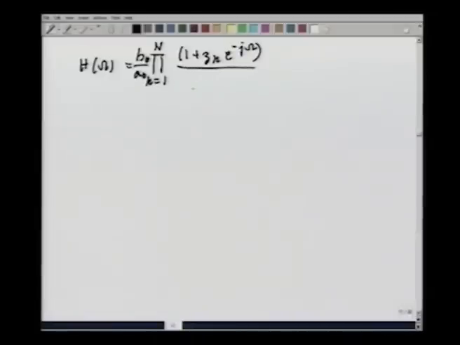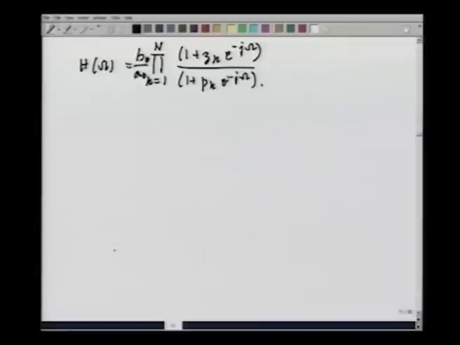So, writing it in factorized form, we will write as follows: H(omega) equals b0 by a0 multiplied by the product k equals 1 to n of 1 plus z_k e to the minus j omega divided by 1 plus p_k e to the minus j omega.